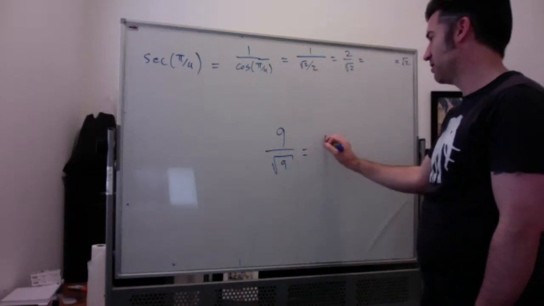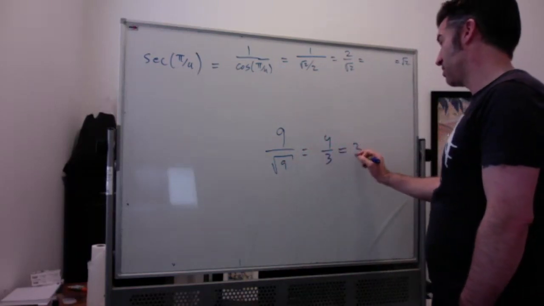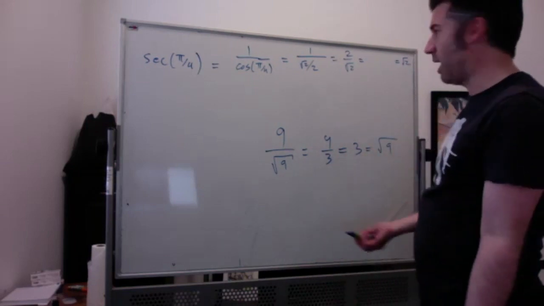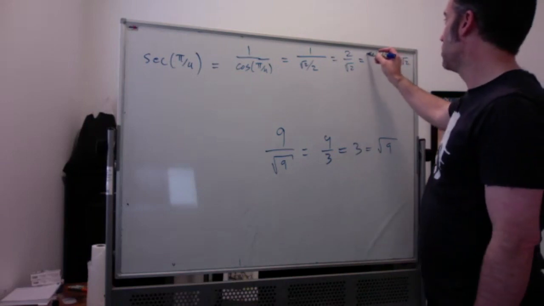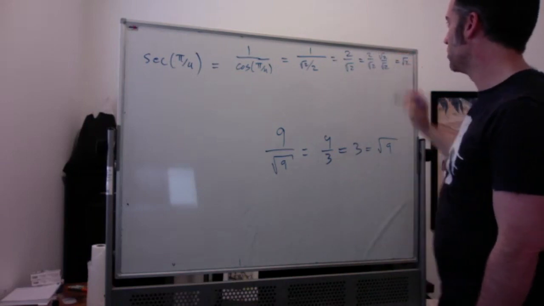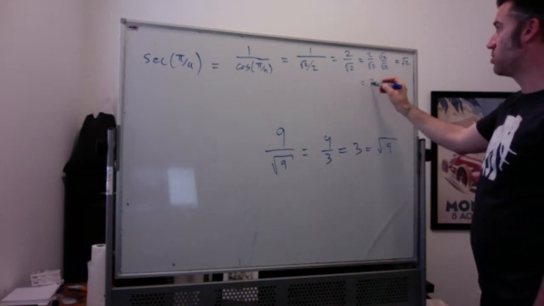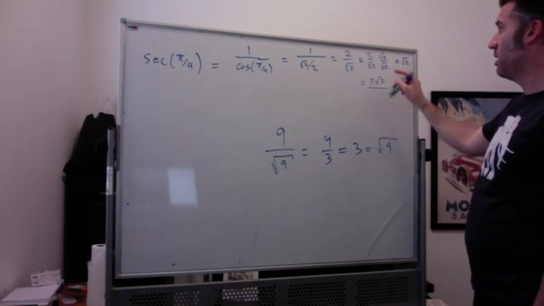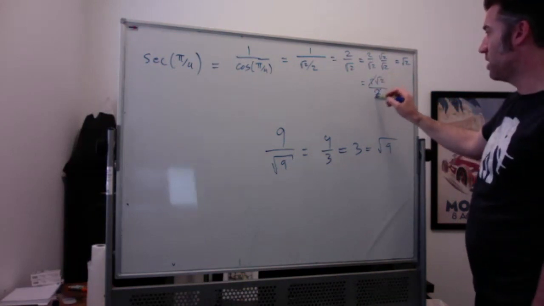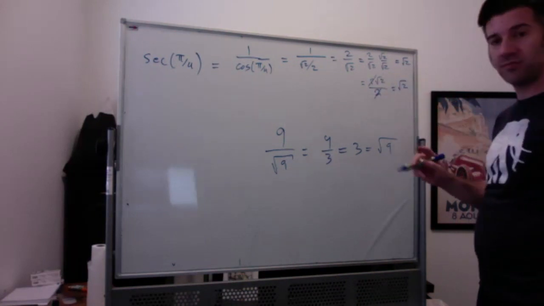Well, that's 9 divided by 3, which is 3, which is the square root of 9. You could also rationalize, though. You could say, oh, this is 2 over root 2 times root 2 over root 2. And then you get 2 root 2 on top, and the square root of 2 times the square root of 2 is just 2. So those cancel, and you just get the square root of 2.